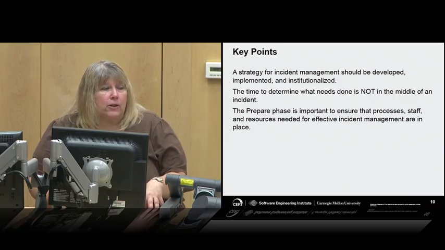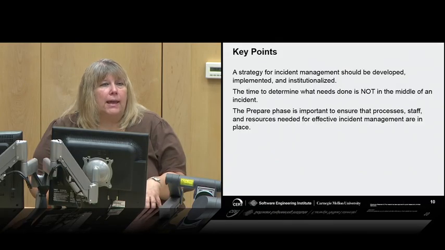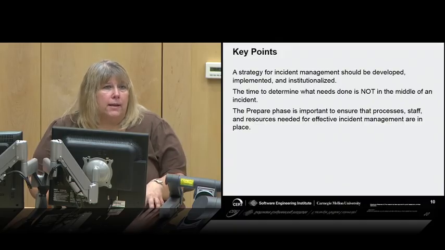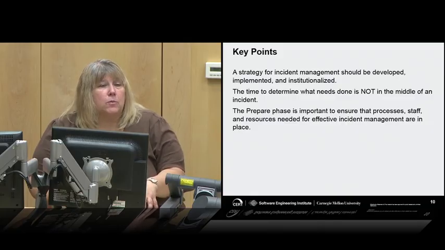A big key to that, too, is training your staff in all aspects of not only the incident management process and the tools they use, but also the mission and key assets of the organization, because they need to understand what needs to be protected and what the rules are for what systems could come down for a period of time and what systems must be up and operational.